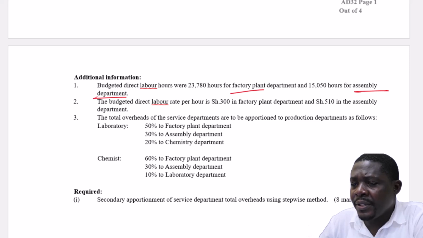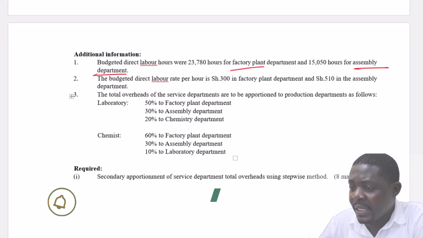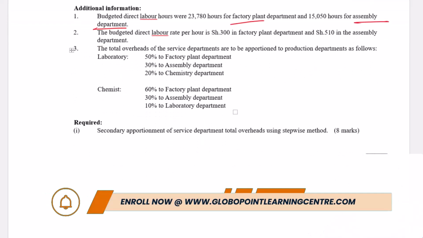And then in 3, the total overhead for service departments is to be apportioned to the production departments as follows. So we have laboratory 50, 30 and 20, and chemistry has 60%, 30%, 10% respectively for plant, assembly, and laboratory.